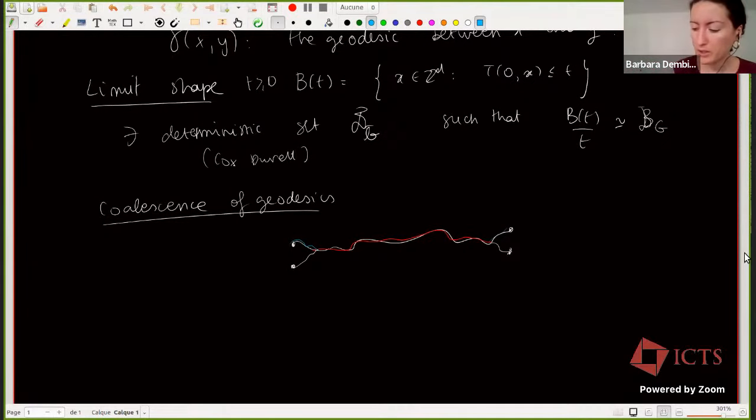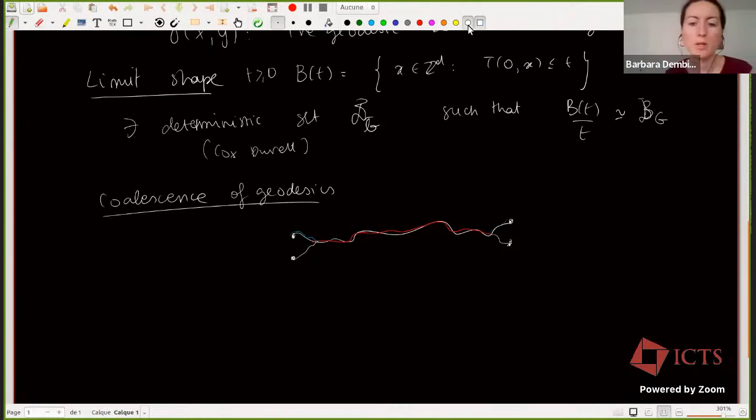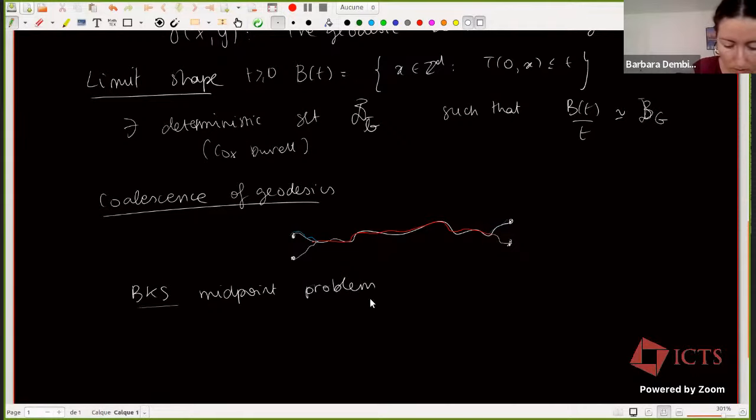And this problem of coalescence, I will explain later how it is related to another problem. It's what is called the BKS midpoint problem. So it's Benjamini, Kalai and Schramm.